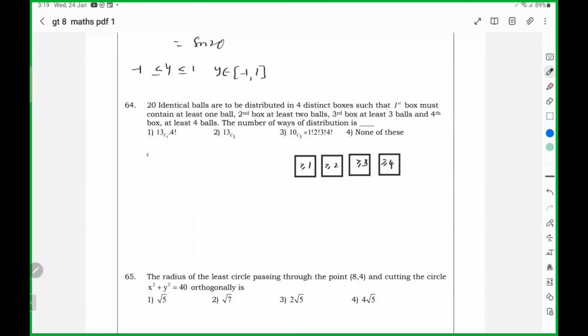So total here is 20. So if you remove 4 plus 3 plus 2 plus 1, 20 minus 10, these 10 balls have to be adjusted.